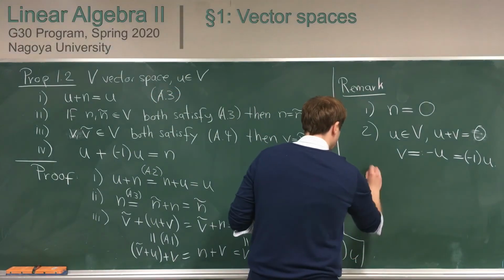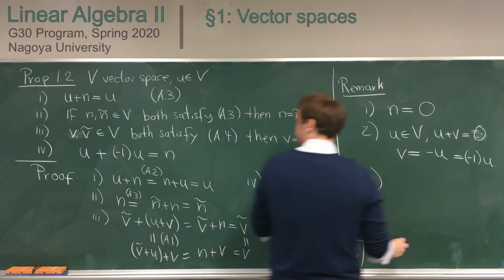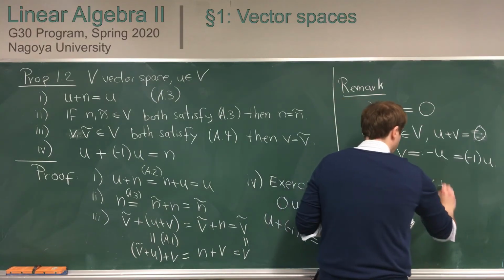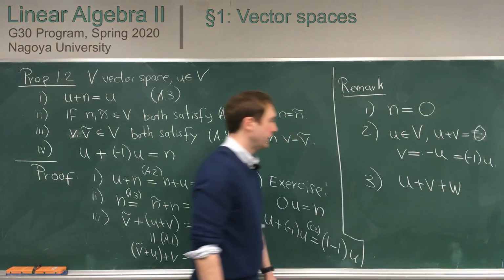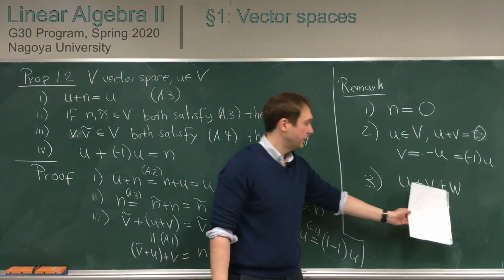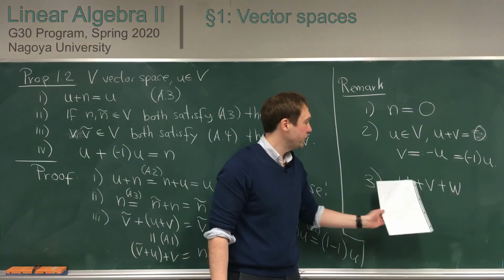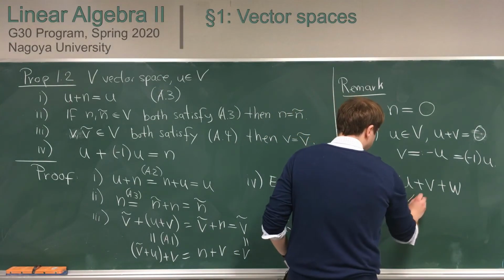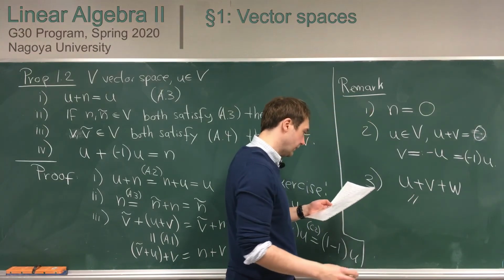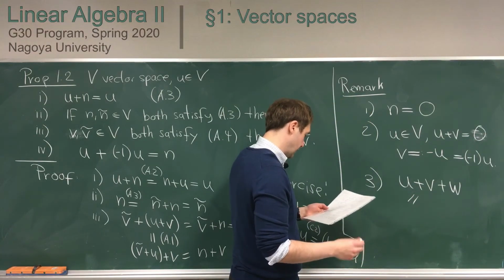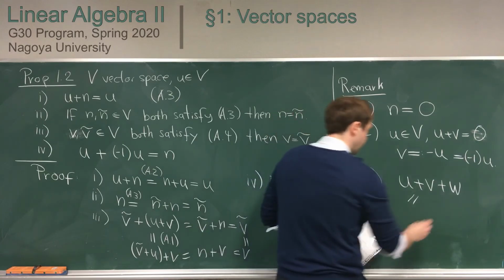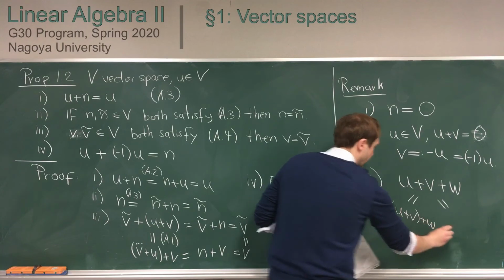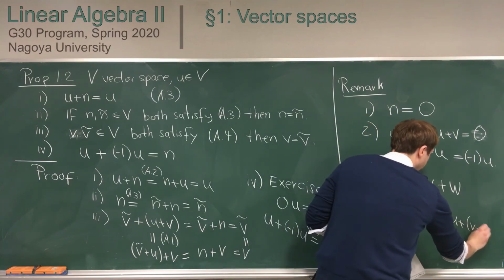And then the third statement is this remark: if I have three elements in V, u, v, and w, then the sum u plus v plus w makes sense, because by proposition A1 we just say this is u plus v plus w.